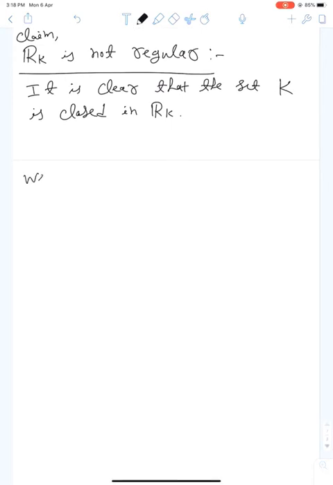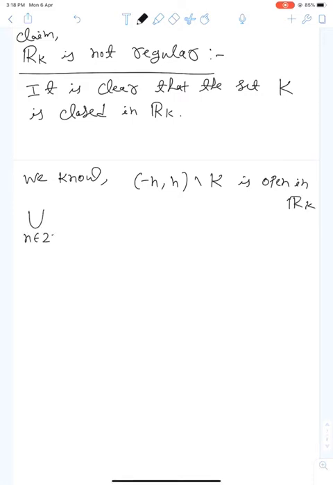So we know that (minus n, n) minus K is open in RK. Therefore the union over natural numbers n of (minus n, n) minus K is just R minus K, which is open.